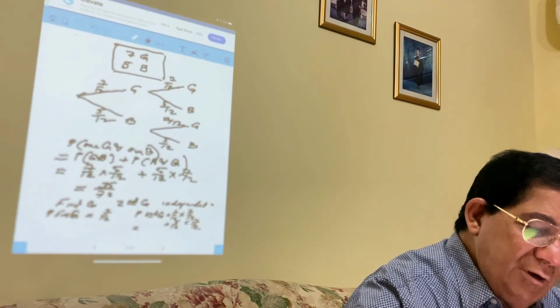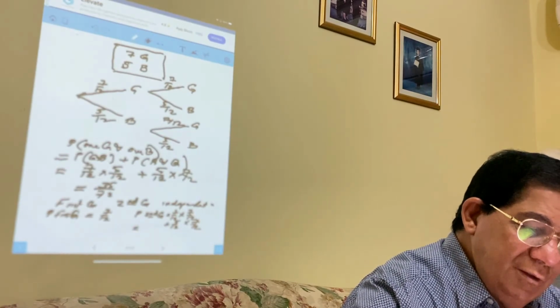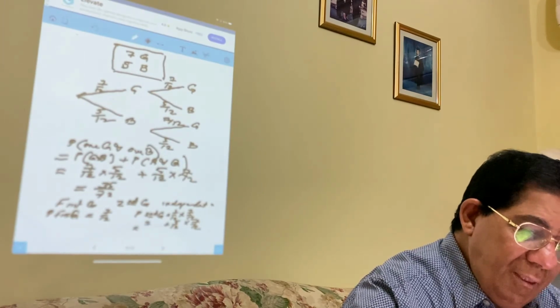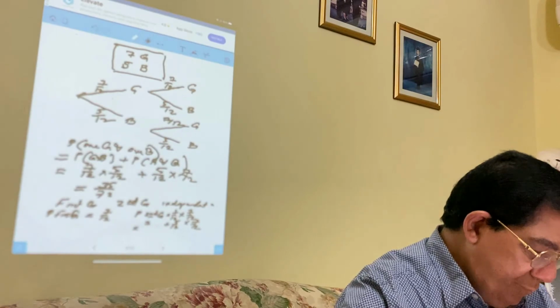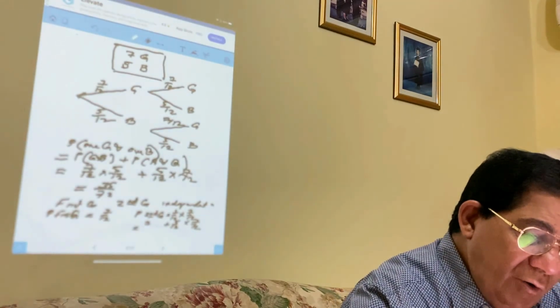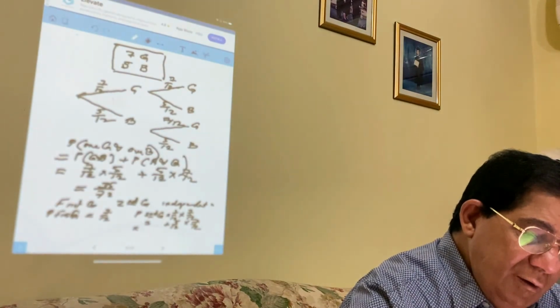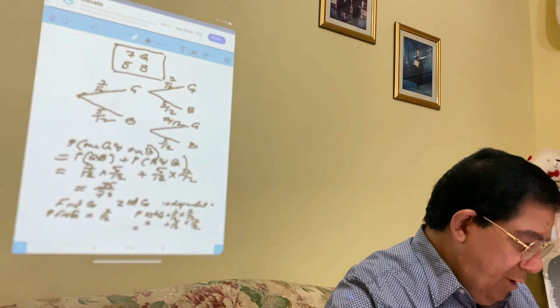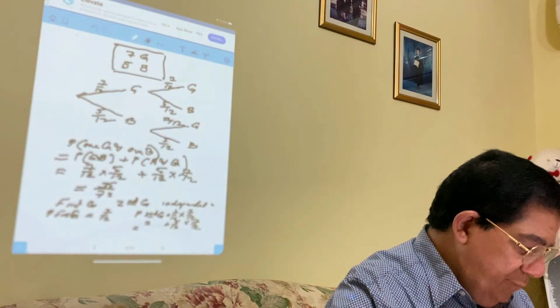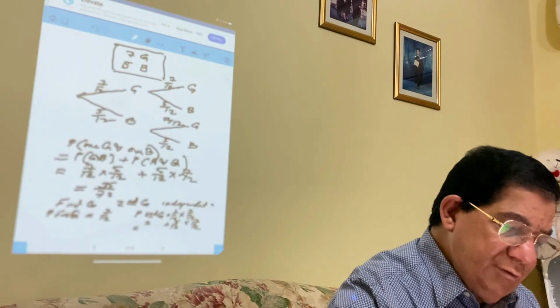Therefore, the answer is 7/12. Okay. Now, the probability that the second is green is 7/12, yes.